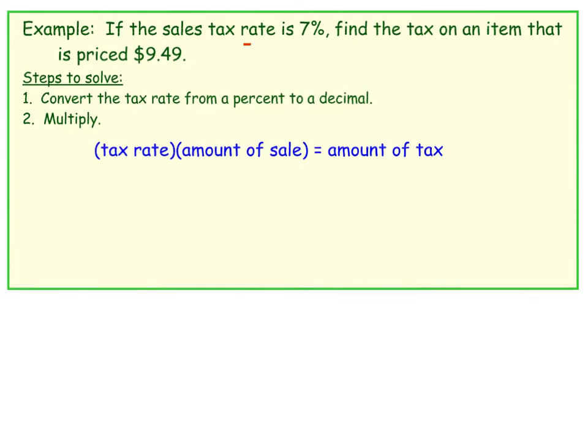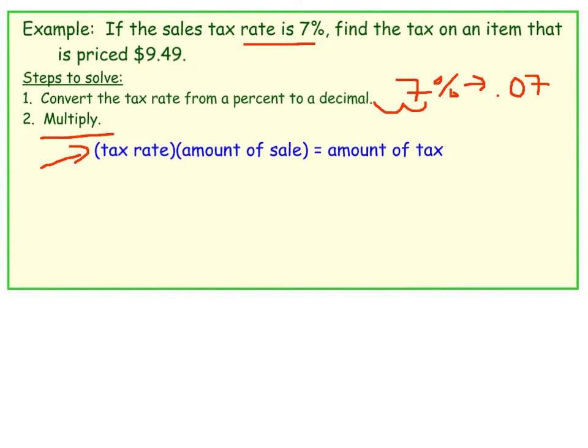If we find the tax rate in our problem, we can see that it is 7%. So 7% written as a decimal, I hope you remember we're moving the decimal 2 places to the left, and we get 0.07 or 7/100 as our decimal.